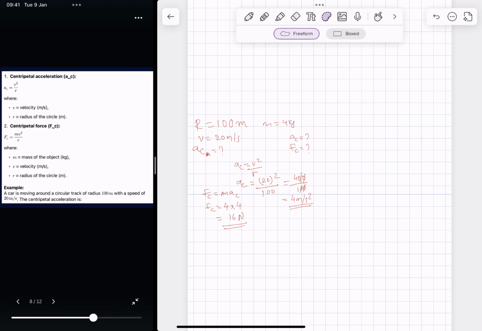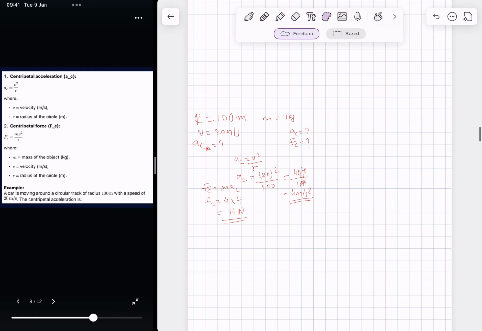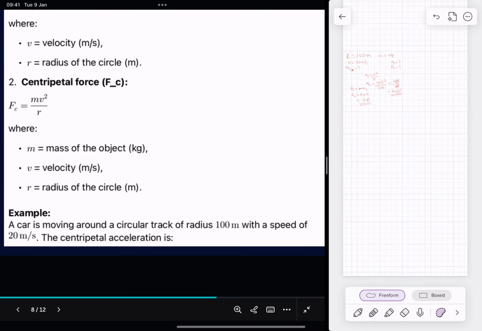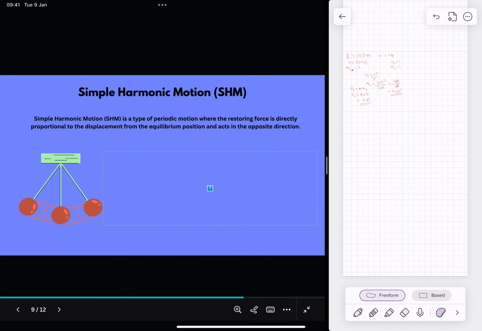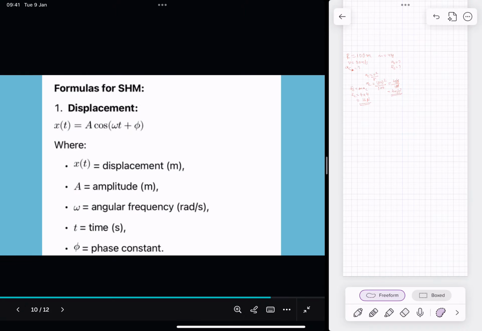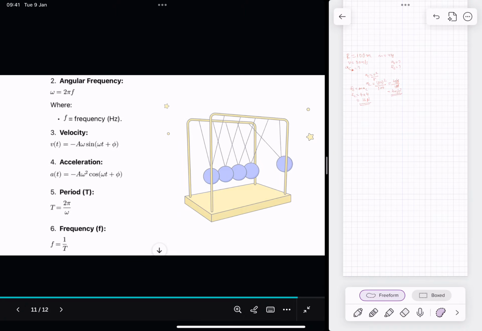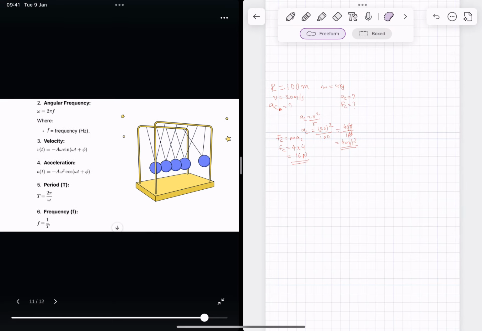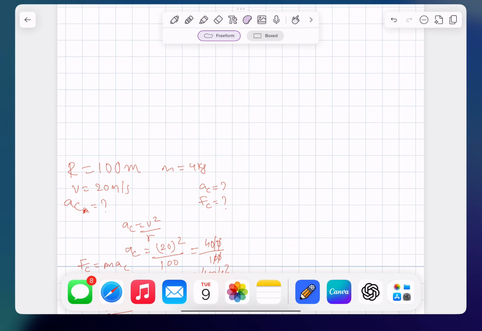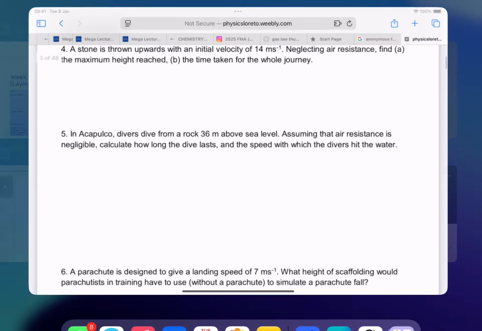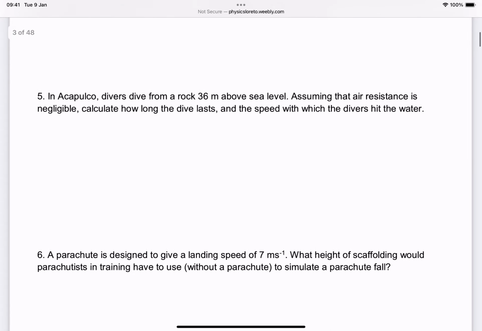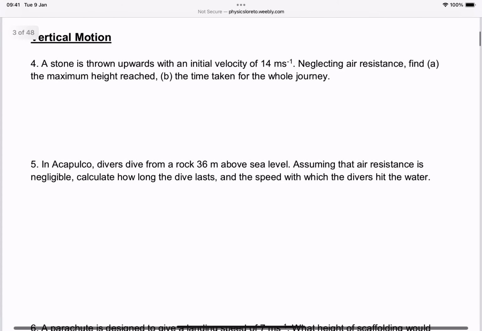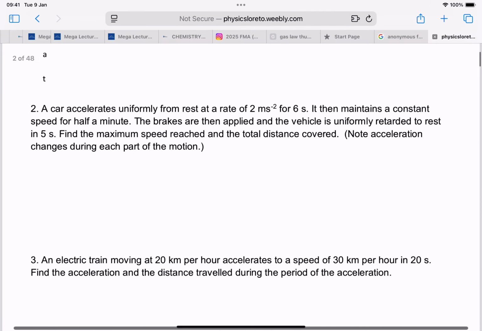Perfect. Okay. Okay, for SHM I'm gonna the video. Okay, perfect. Let's start with the example. I wonder if I can write here. Okay, let me take a screenshot of this.